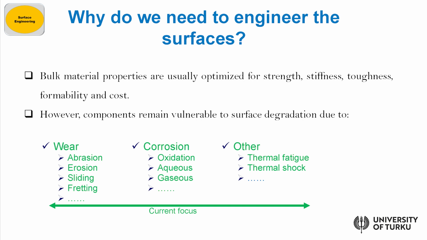Why do we need to engineer the surfaces? Because most of the time the material properties of the bulk components that we prepare are typically optimized for properties like strength, stiffness, toughness, formability, and cost. But when we use these components in reality, they still remain vulnerable to surface degradation issues like wear, corrosion, thermal fatigue, thermal shock, and many more.